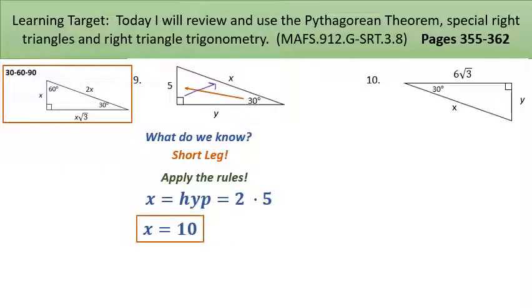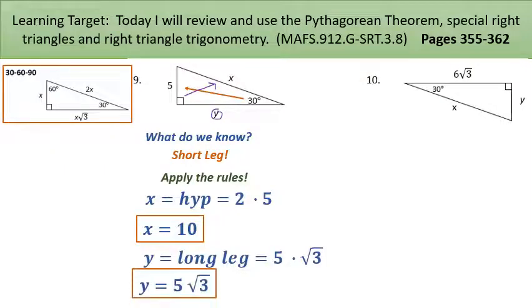So x equals 10. The long leg, which is y, is going to be our short leg, 5, times the square root of 3. So our answer is just 5 square root of 3. A question like number 9 is the easiest type because they're giving you the short leg. Remember, the short leg is the key. Once you know that, you can quickly find everything else.